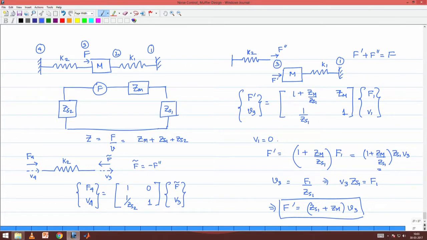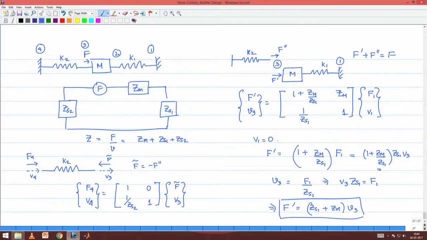So, what I have done here is that I have just looked at the element K2 from first principles. I have just drawn back a single spring element. At this stage I have not invoked the boundary condition that V4 in fact has to be 0, but I have written the transfer matrix nonetheless in a generalized situation involving V4, V3 and F4 and F tilde.